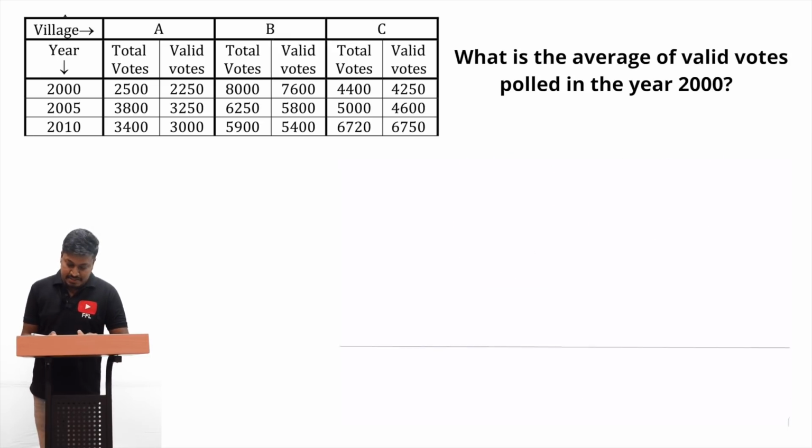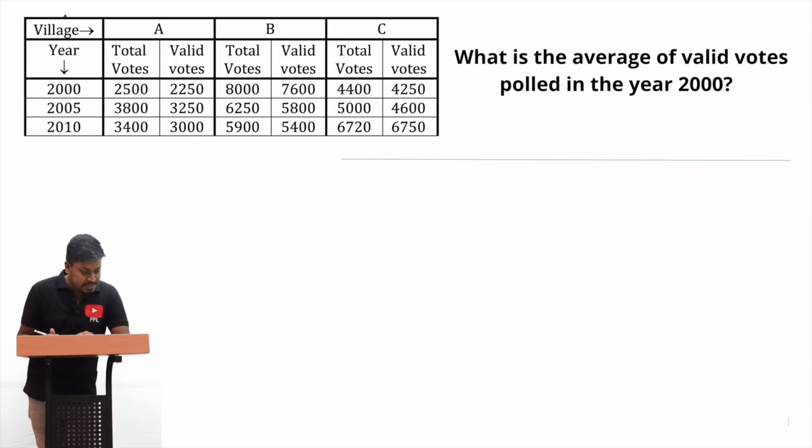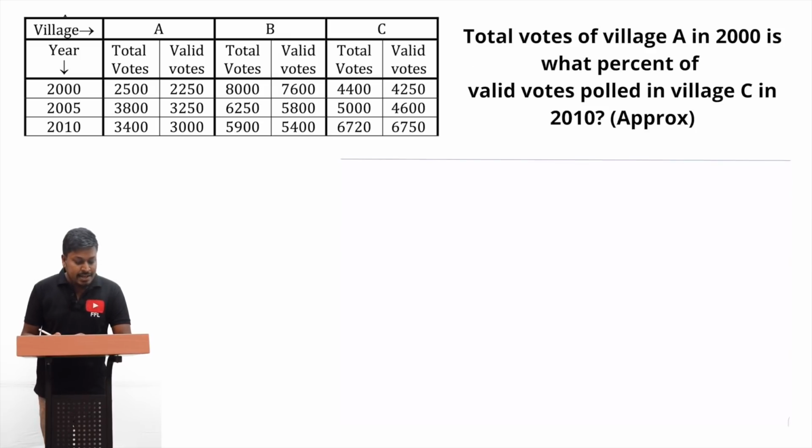All are easy questions. Next question: total votes of village A in 2000 is what percentage? Friends, many times while teaching the data interpretation topic, I have told you one thing.